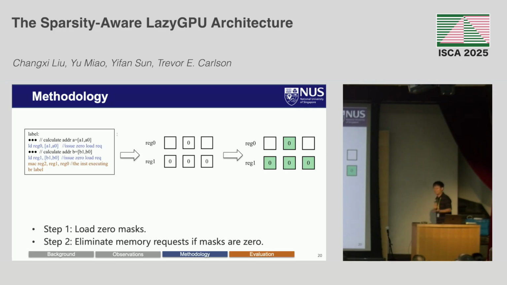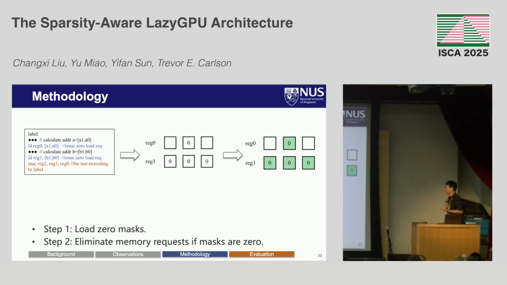Since at that time we have some time to think more, in our architecture we will first load some zero masks when we are executing this load instruction. So when we really require this value, we know whether this value is 0 or not.